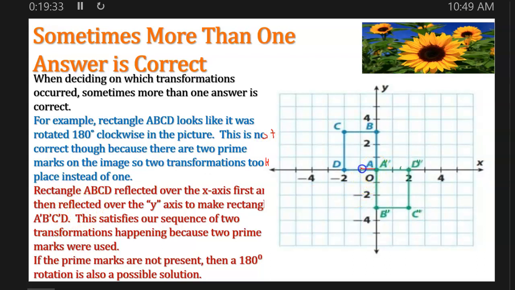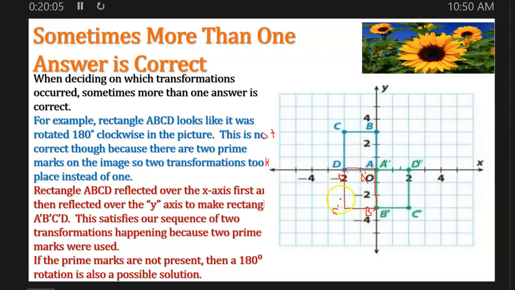So I'm going to draw another rectangle right here, and it's red. And I'm going to label this C prime, B prime, D prime, and this one over here is A prime. Now, notice that this blue rectangle had to have reflected over the x-axis in order for those points to be in those locations.